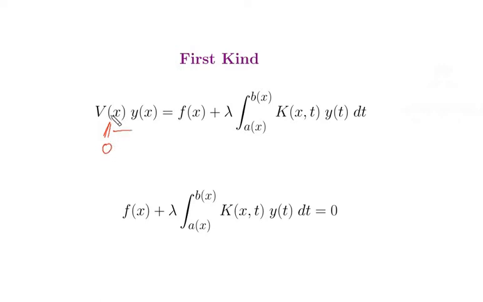In that case, our integral equation of general form becomes f(x) plus lambda integral from a(x) to b(x) K(x,t) y(t) dt, and of course that will be equal to 0. So this form of integral equation is called the integral equation of first kind.